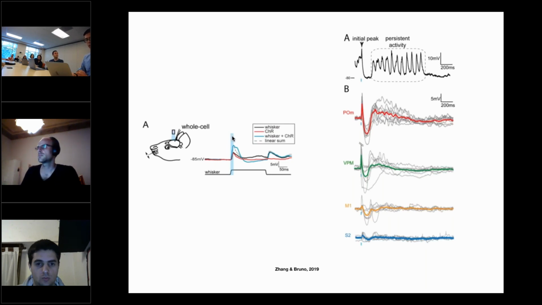Here is for when they just activate the 2-3 neurons by just stimulating the whiskers. So you see this response here. Okay, so this is an optogenetic pulse, a light pulse, very short. This is when they are activating with the posterior nucleus, okay?